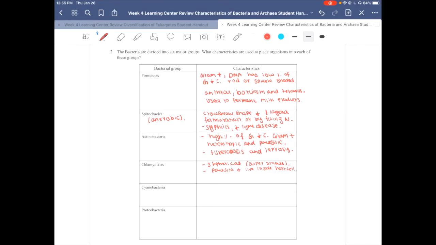These types of bacteria cause STIs like chlamydia, and they're also the most common cause of blindness in humans, which I thought was really interesting.